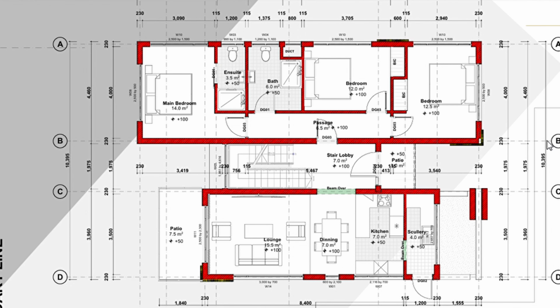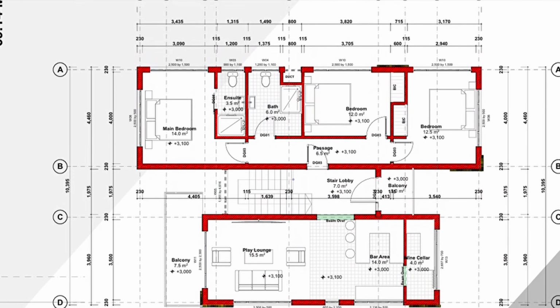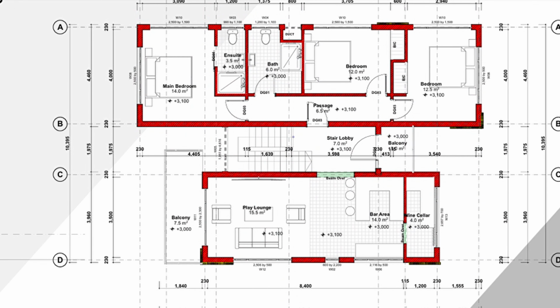All right, so let us move on to the first floor. On the first floor we have our balcony, then a play lounge, a bar area, and a wine cellar.